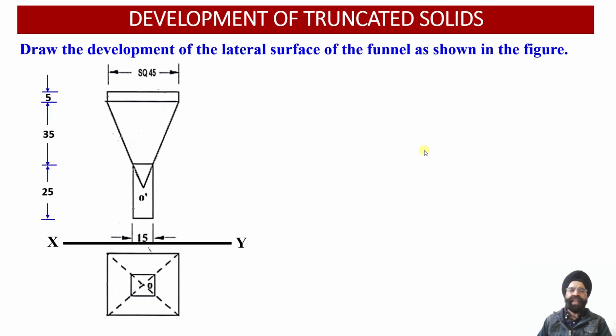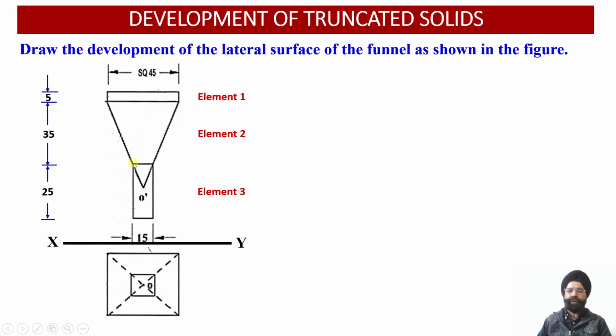As we have discussed, there are three elements of this particular funnel. Corresponding to element number 1 and element number 3, the true shape dimensions of the base edge and the height of the prism are available with us. For element number 1, the base edge is a square of 45 millimeter edge length while the height is 5 millimeter.